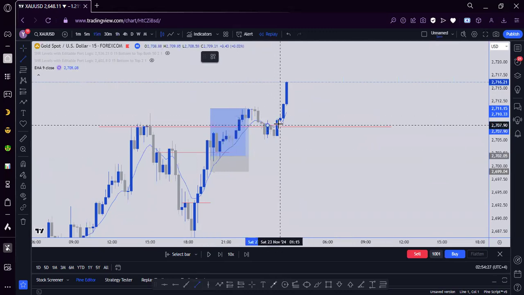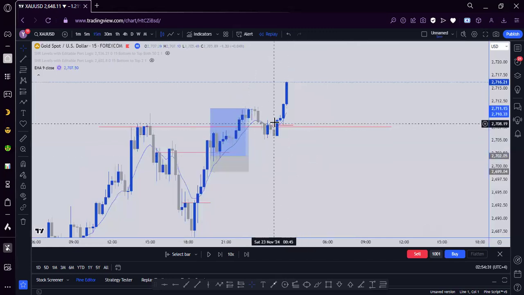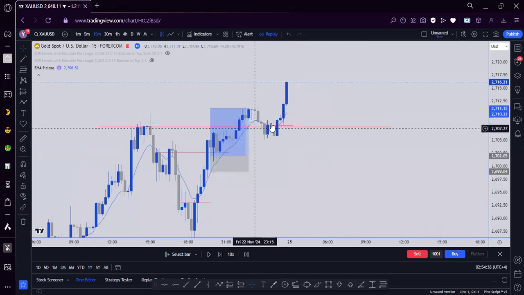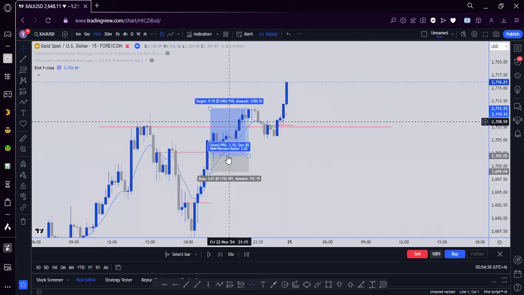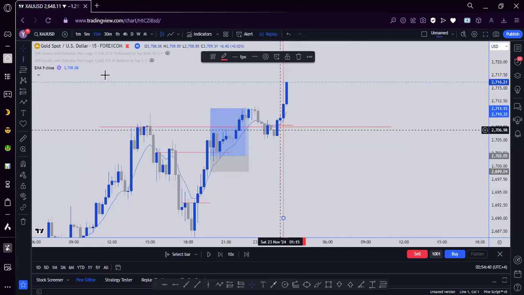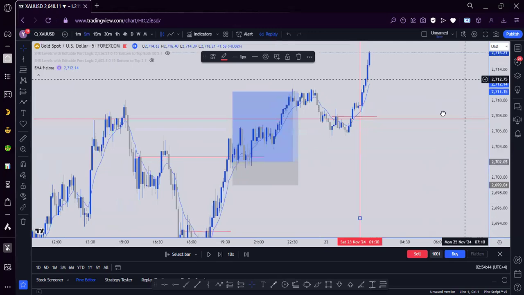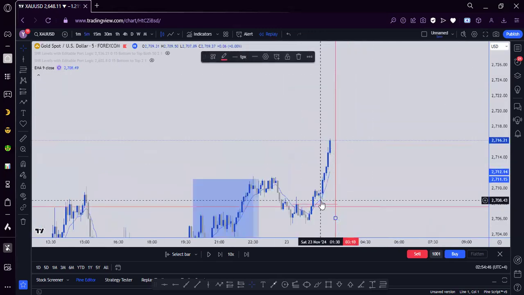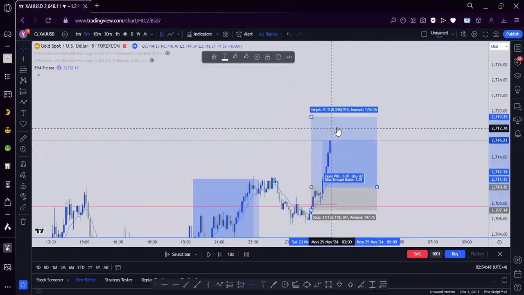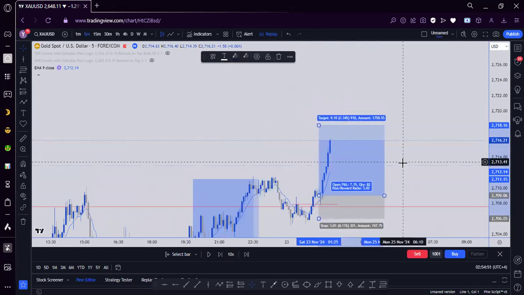Our entry was from this RBS level. The price breaks and goes down, then goes again to our RBS level. Let's check the 5-minute confirmation. The price is already above our EMA and rejected from it. Boom, this will be our entry.